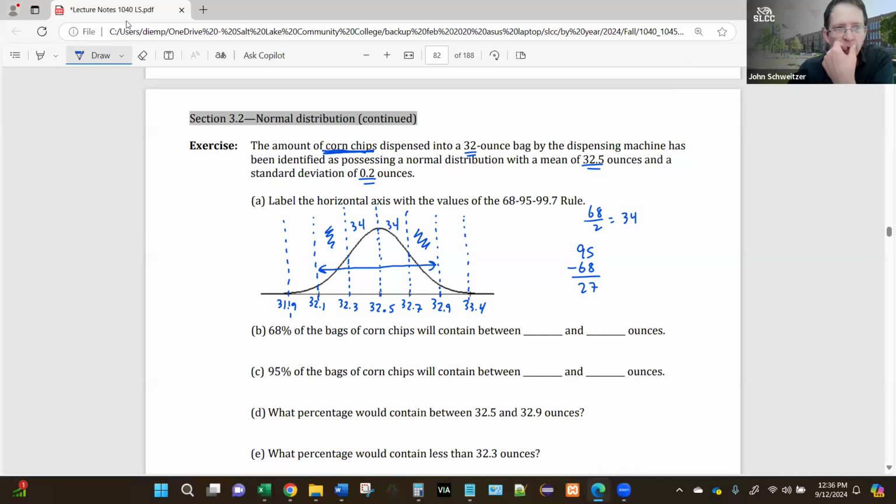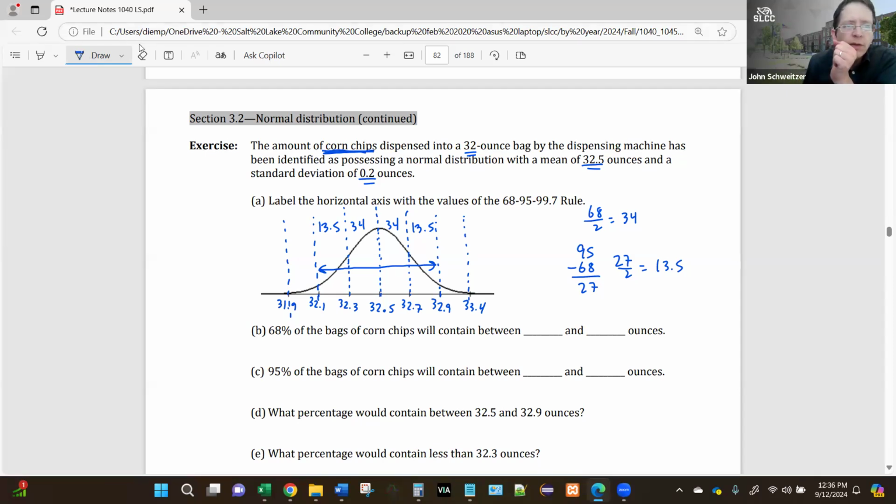So that 27% is equally split between those two pieces. So just like I did with my 68%, I'm going to take that 27%, I'm going to cut it in half. That gives me 13.5. So that means I have 13.5% in here, 13.5% in there. So what's the point? Well, the point is I can answer questions more quickly later on, okay?